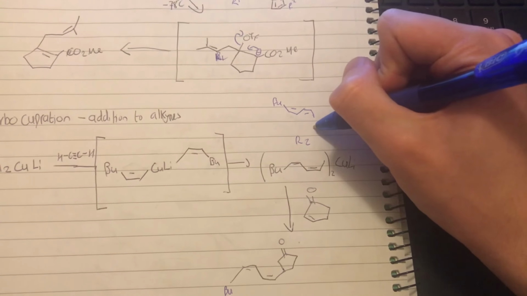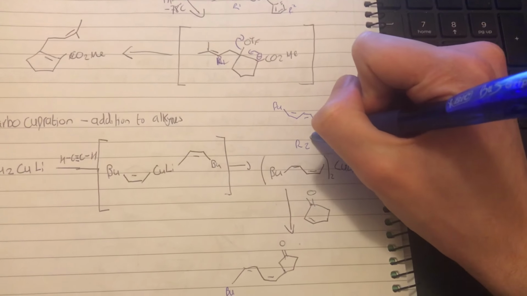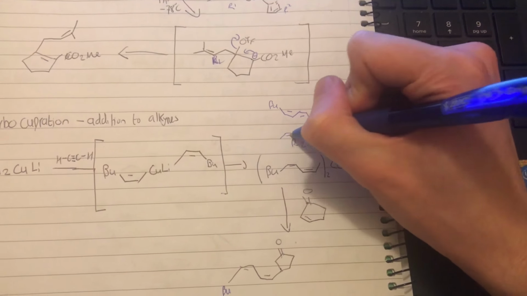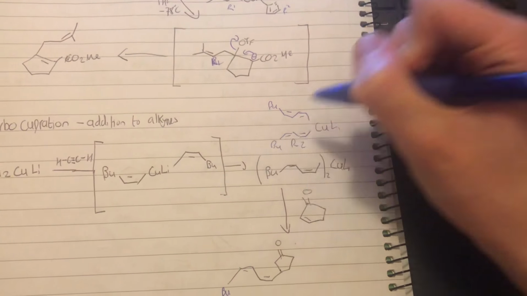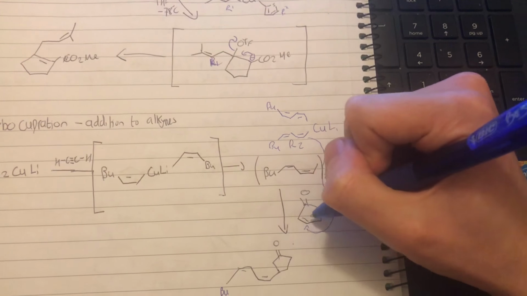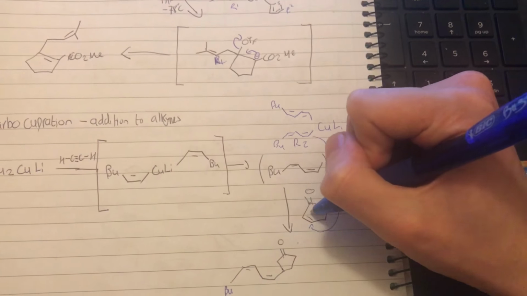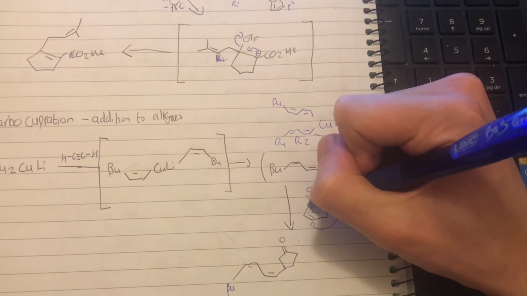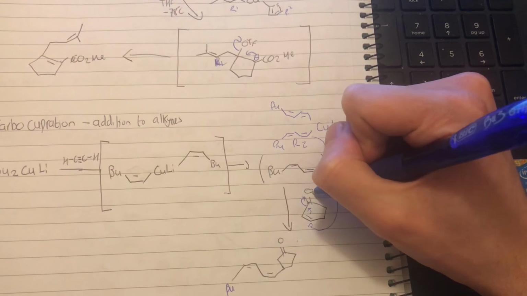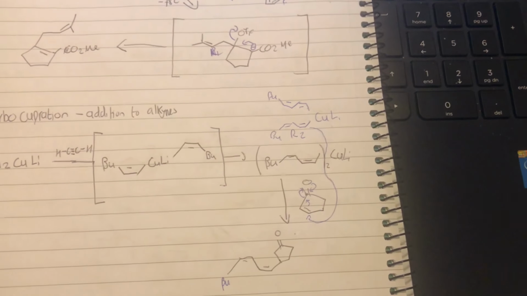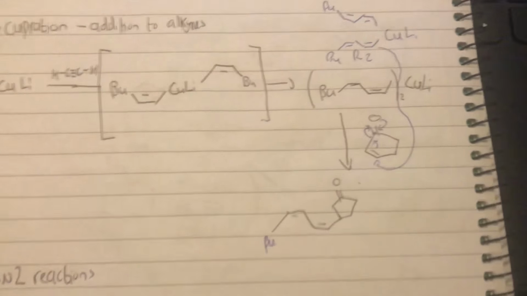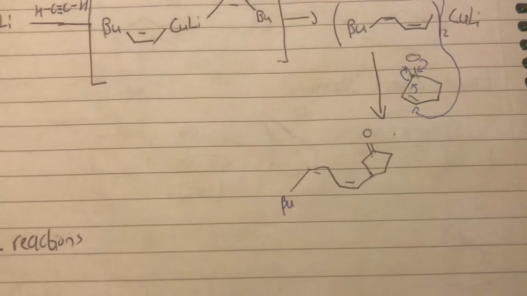So we've got that there, and then we've got Bu. That can go all the way down there, attack there. That can go up to there. That can go up to there. And then that can just come straight back down, like that. That's effectively what we've got. And that forms a product there, and like I said, there should be a butyl there as well.